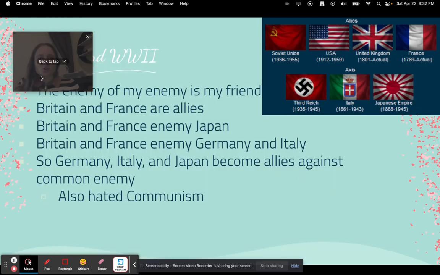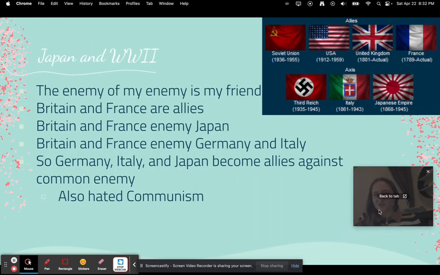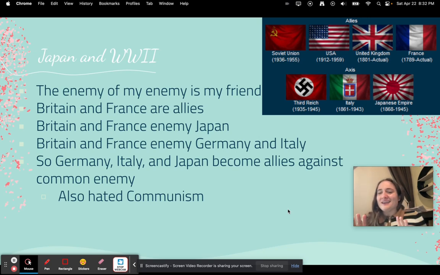All right, so how did Japan get paired up with Germany and Italy? How did that happen? Here's the really simplified version of it. So, like the saying, the enemy of my enemy is my friend. Britain and France, right? They're allies.